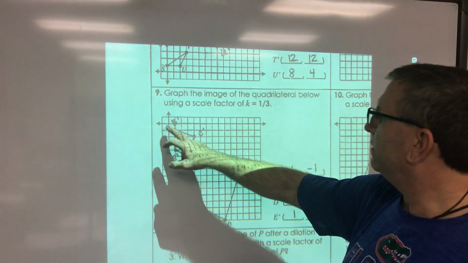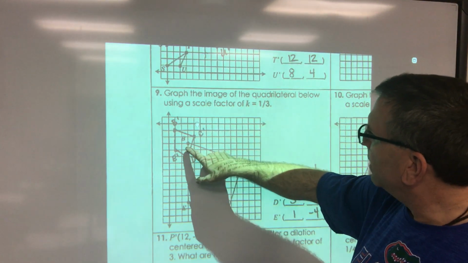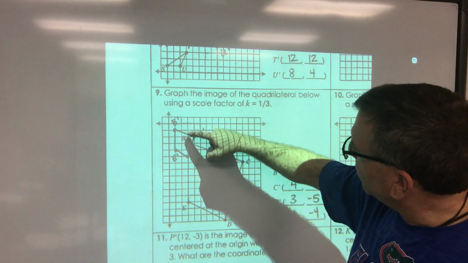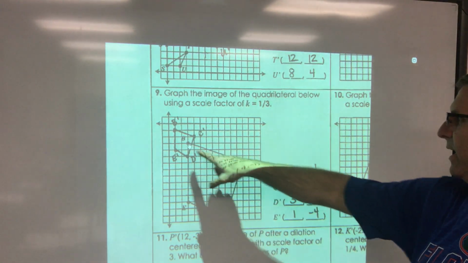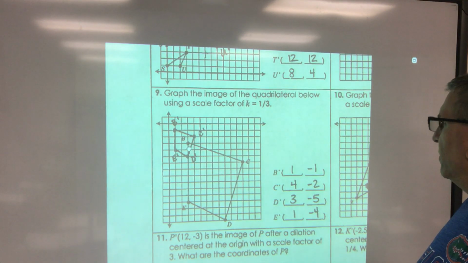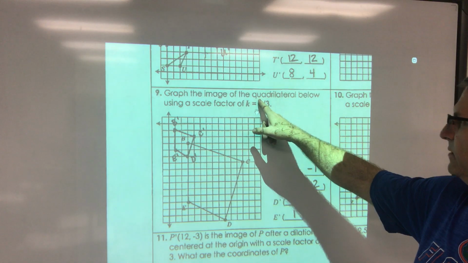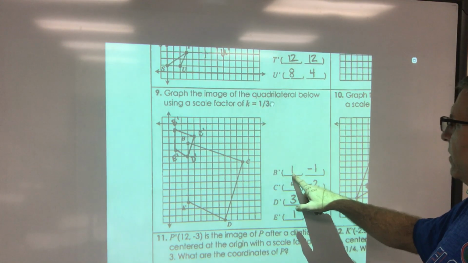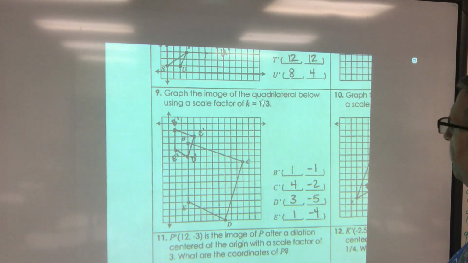Part B, I go over 3 and down 1, 2, 3. So at this point it's 3 and -3. If I multiply by 1/3, 3 times 1 is 3, divided by 3 is 1. -3 times 1 is -3, divided by 3, -1.